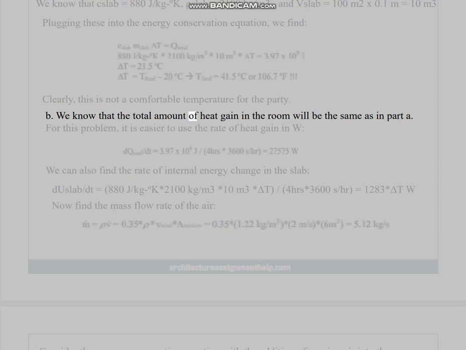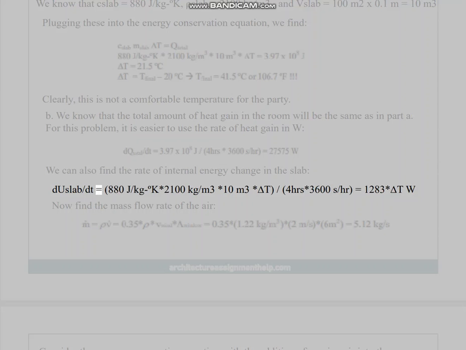B. We know that the total amount of heat gain in the room will be the same as in part A. For this problem, it is easier to use the rate of heat gain in W. We can also find the rate of internal energy change in the slab. dU_slab/dt equals 880 J/kgK times 2100 kg/m3 times 10 m3 times ΔT over 4 HRS times 3600 S/HR equals 1283 times ΔT W. Now find the mass flow rate of the air.